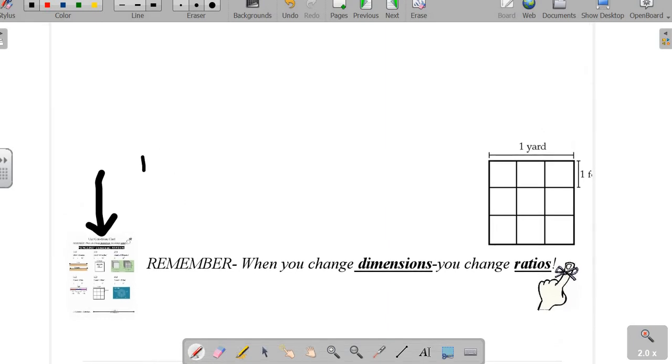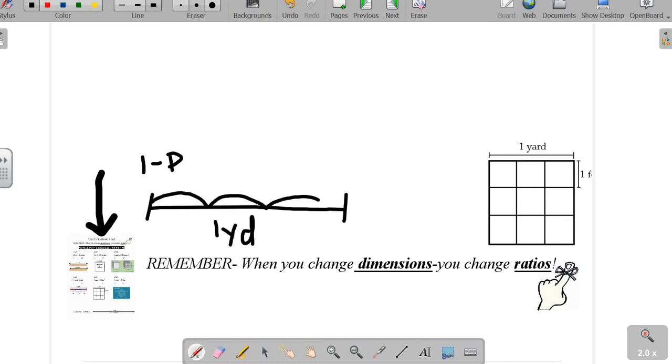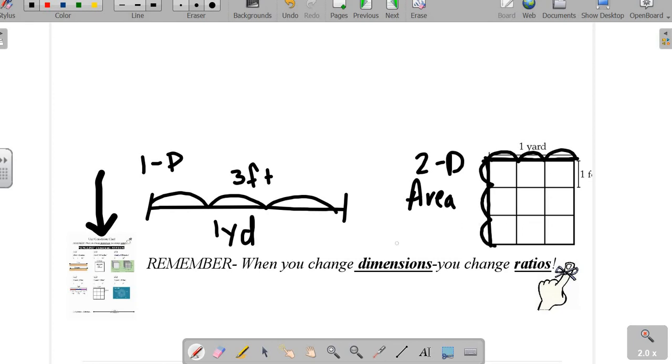In the first dimension, that's just length, a yard is 3 feet. That's only in the first dimension. Area is in the second dimension. So it's 1 yard by 1 yard, which means it's 3 feet this way, 3 feet this way.